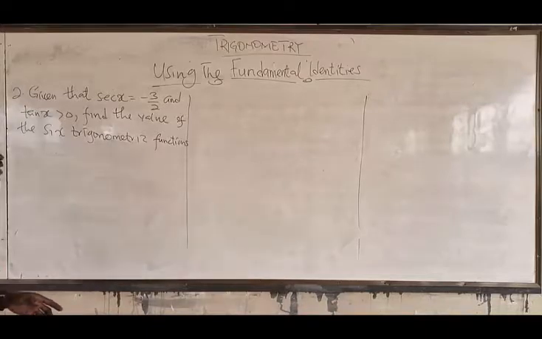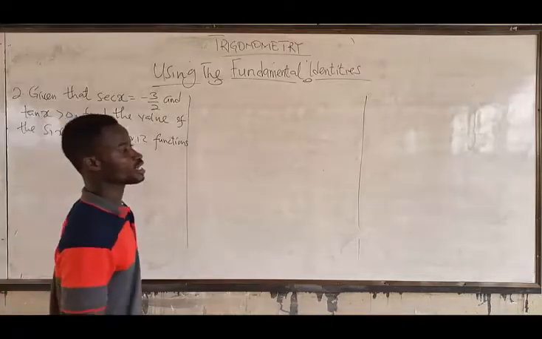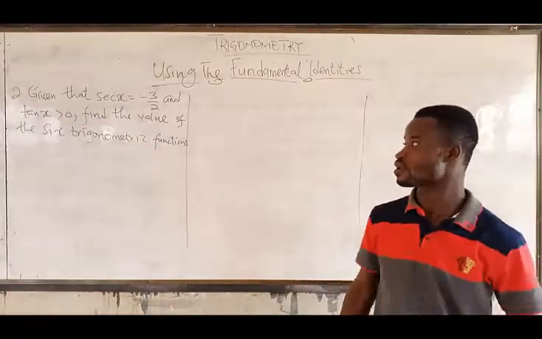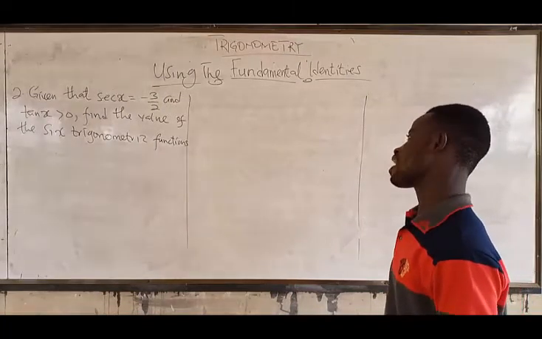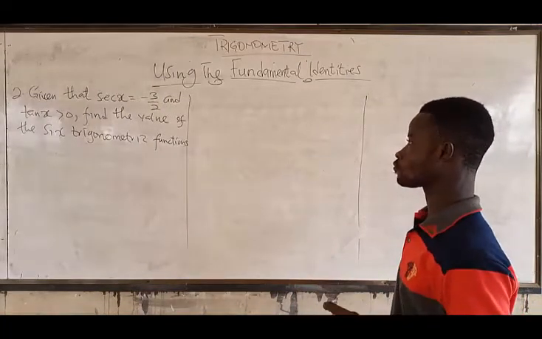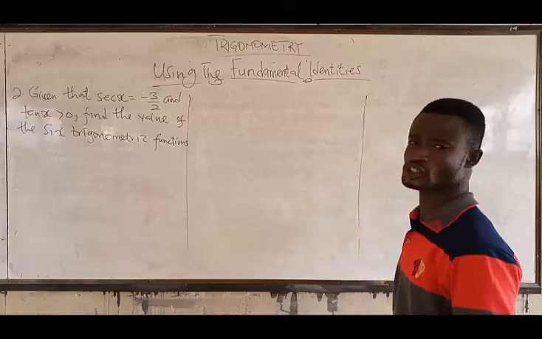So we have the second question on the board. Given that sec x is equal to negative 3 over 2 and tan x is greater than 0, find the value of the said trigonometric functions. Now wait.